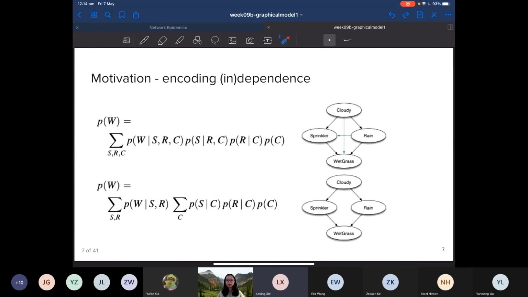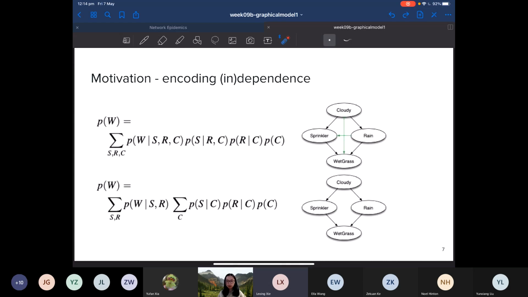So just to compare and contrast the two different ways of expressing the joint probability: if we are going to compute, for example, the marginal probability of wet grass for the fully connected, generic network, we need to jointly marginalize out 3 variables and then, based on the sum rule, get P of W.